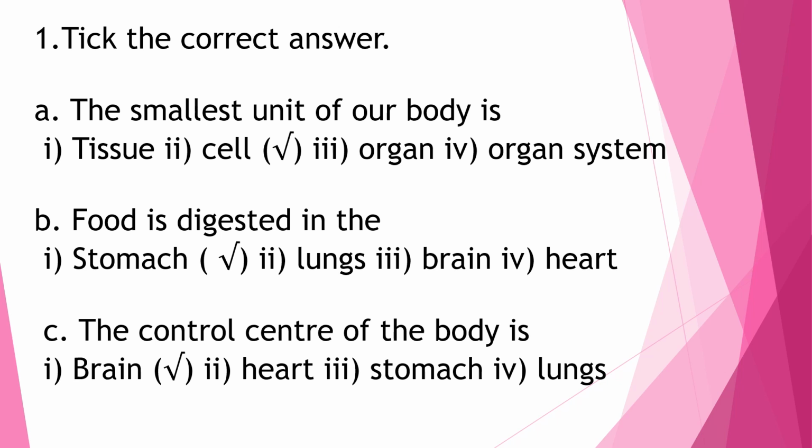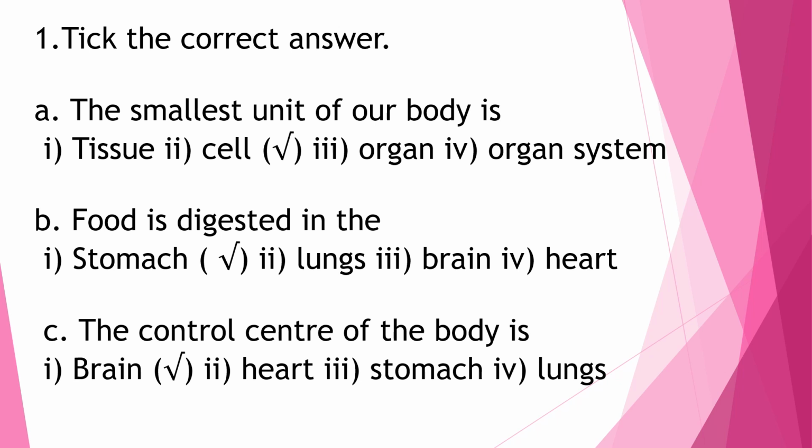Where is the center of control in our body? So children, we discussed that heart goes with the circulatory system, stomach goes with the digestive system, lungs go with the respiratory system, and now what is the function of the brain?